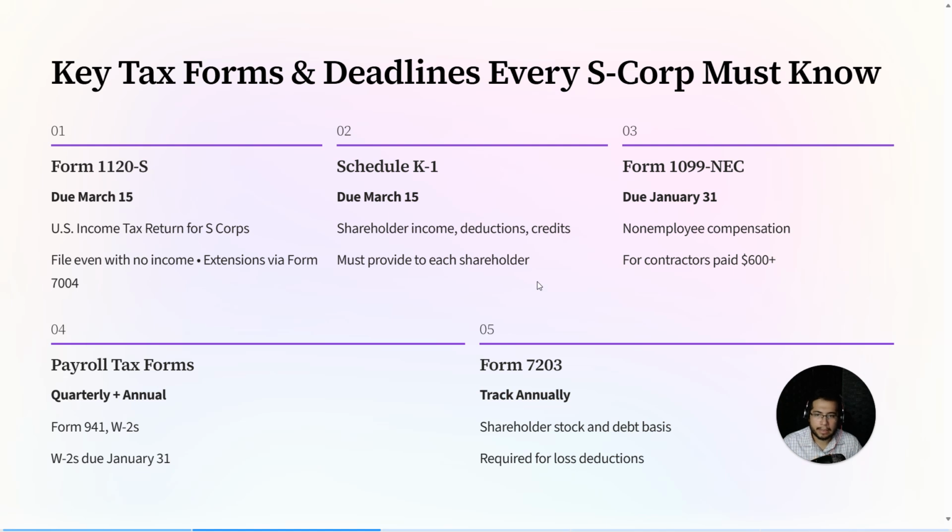Schedule K-1 is the next form, and really it goes hand in hand with it, because usually when we prepare the S-corp return, we're preparing Schedule K-1. And essentially what this K-1 does is it reports to the IRS, and it reports to the shareholder, in this case the owner, what the income was, what the deductions were, the credits. It's an informational return.